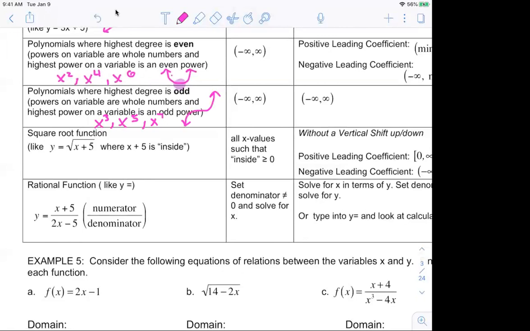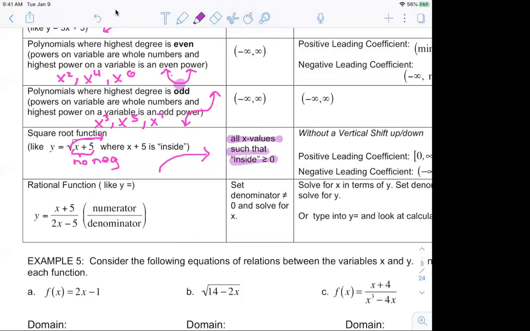Square root functions. Remember, the problem with square roots is you can't have a negative in there. That's an imaginary number. So graphs like this are kind of like a check mark. I always told my students it kind of looks like the square root. It's like a check mark. The domain is going to be, you're going to set the inside values inside the square root greater than or equal to 0.